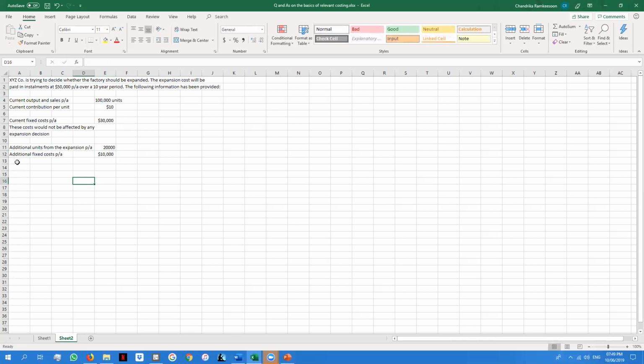Now, notice this 50,000 up here would obviously be a relevant cost per annum as well, because the expansion is going to cost $50,000 per annum over a 10-year period. So I will put here expansion cost per annum 50,000.